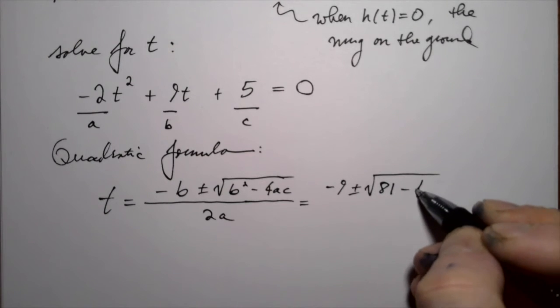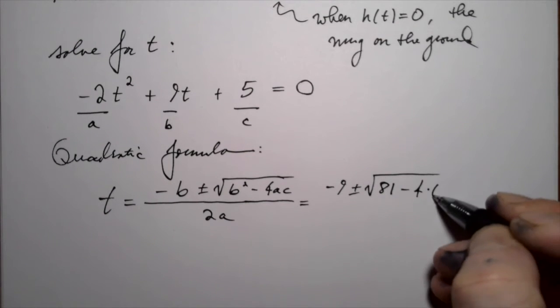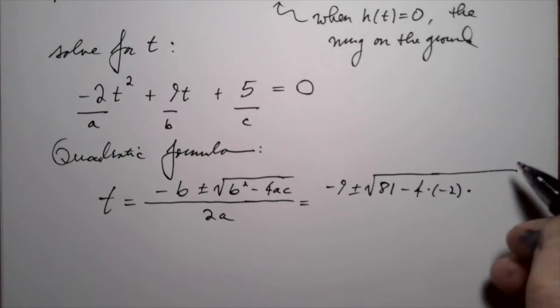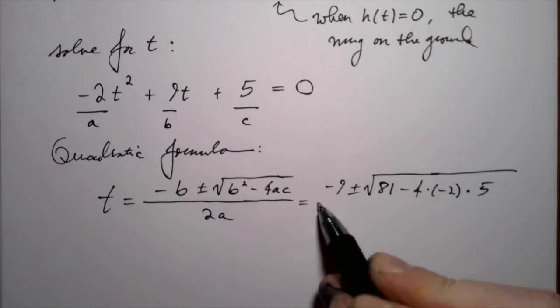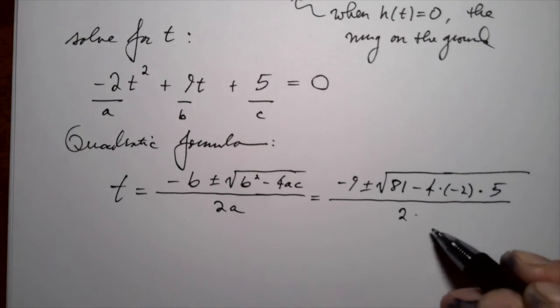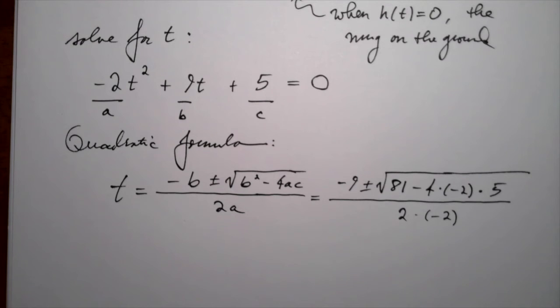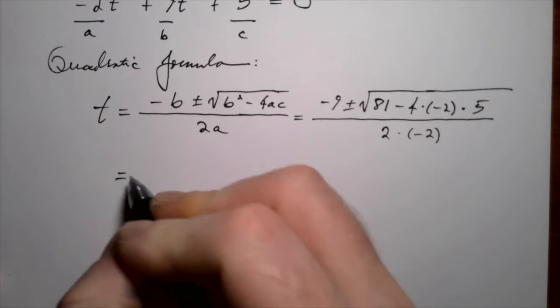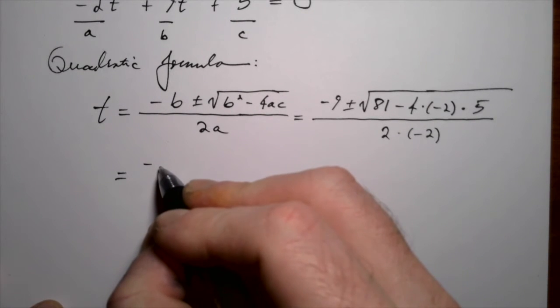And then we have minus 4ac. What was a? It was minus 2. Careful with the minus signs. And then what was c? It was 5. So that's the term under the square root. And then downstairs we have 2 times a. What was a? It was minus 2.